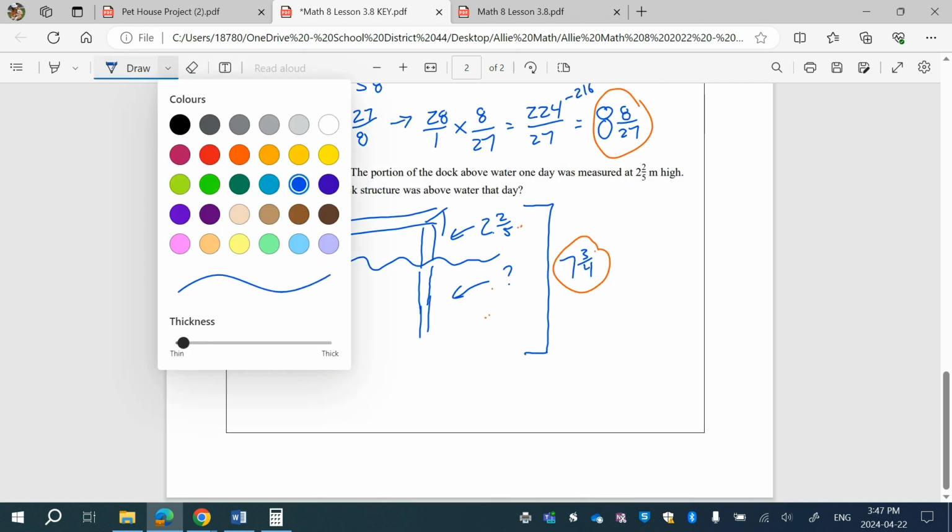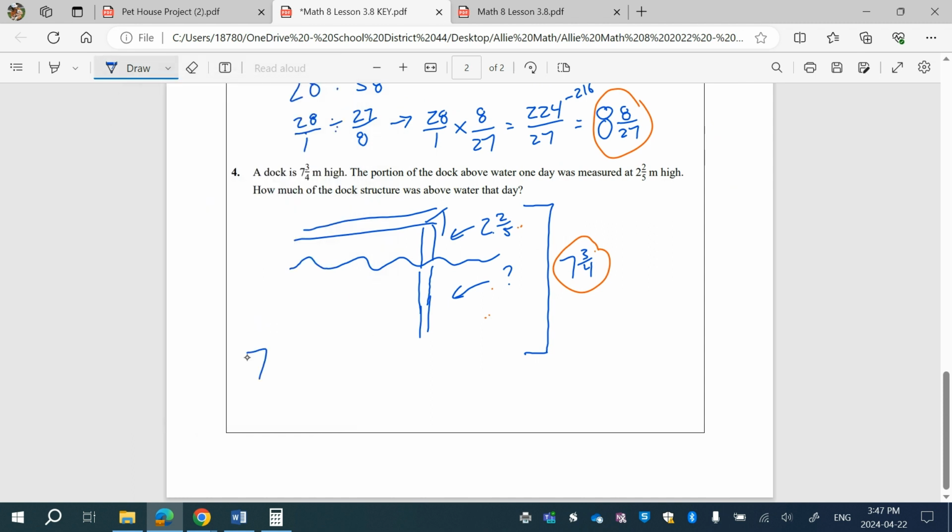Let's go 7 3/4 minus 2 2/5. Let's convert them both to improper fractions. 4 times 7 is 28, plus 3 is 31 over 4. Subtract, let's go 5 times 2 is 10, plus 2 is 12 over 5.